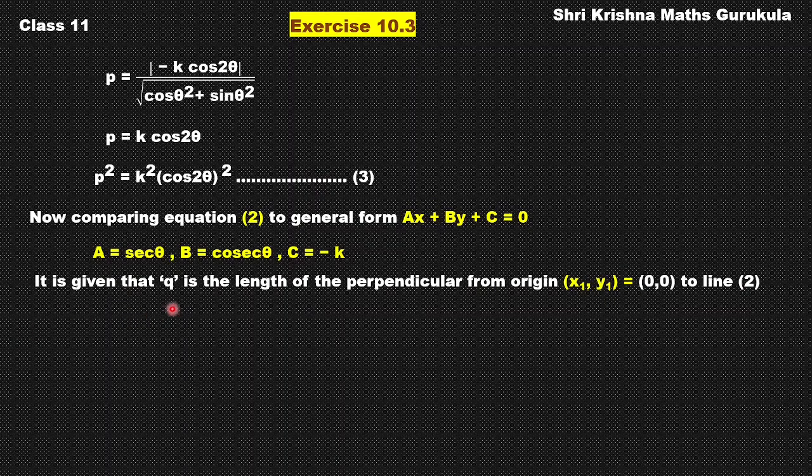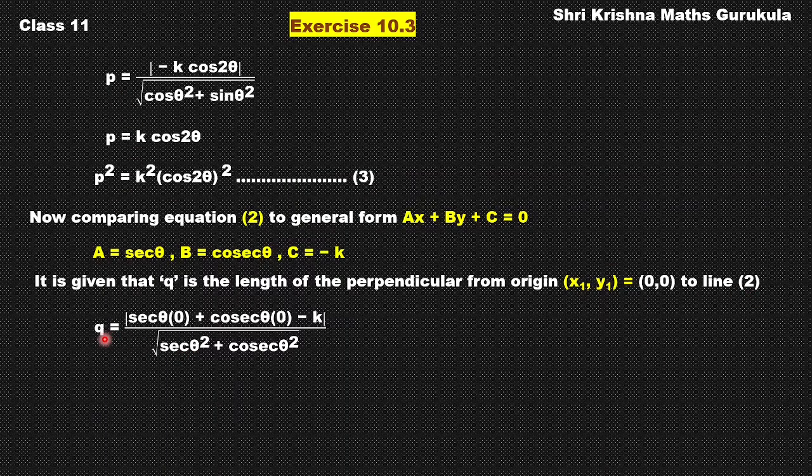Now, it is given that q is the length of the perpendicular distance from the origin, that is from x1, y1 or from 0, 0 to line 2. So perpendicular distance is q, that is equal to modulus of secant theta into 0 plus cosecant theta into 0 minus k, because x1, y1 is 0, 0.